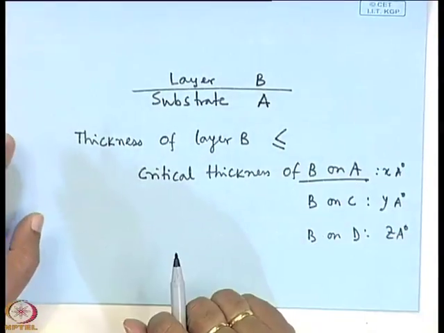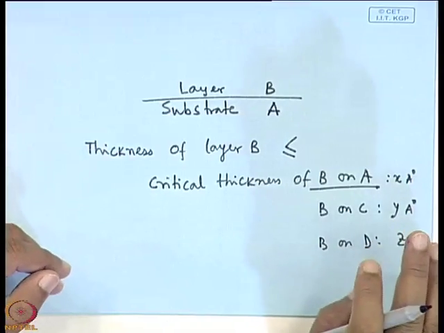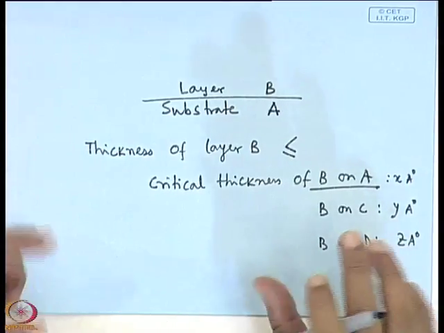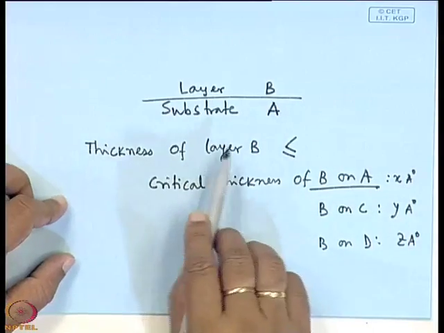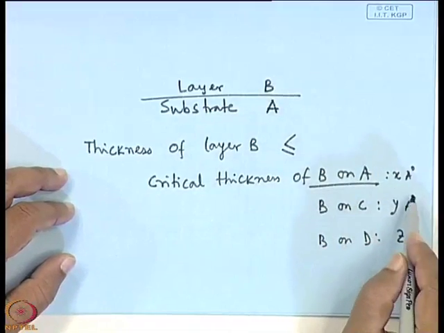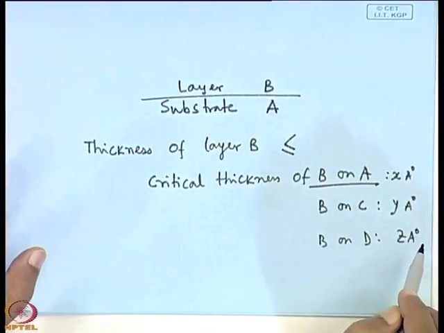So, it depends on the pair of materials. Remember that the critical thickness is not a fixed dimension, it depends on the pair of materials. So, thickness of layer B must be less than or equal to the critical thickness of B on A, which is x angstrom, right.